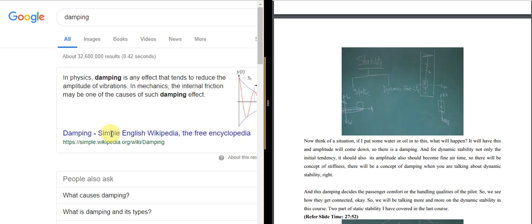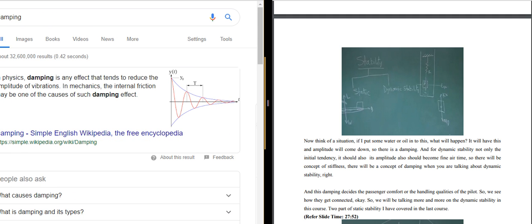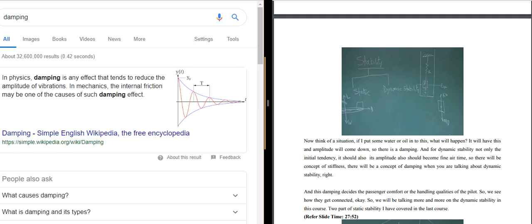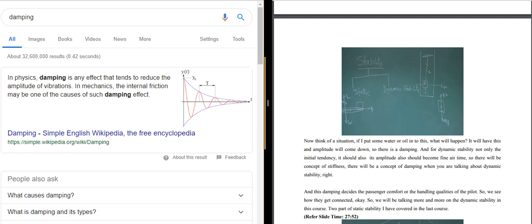Internal friction may be one of the causes of such a damping effect. Damping is any effect that tends to reduce the amplitude of vibrations.